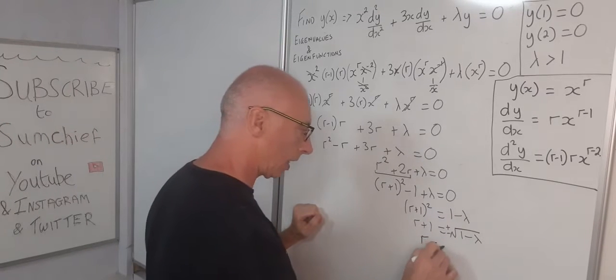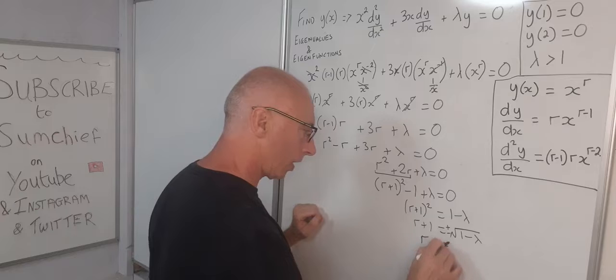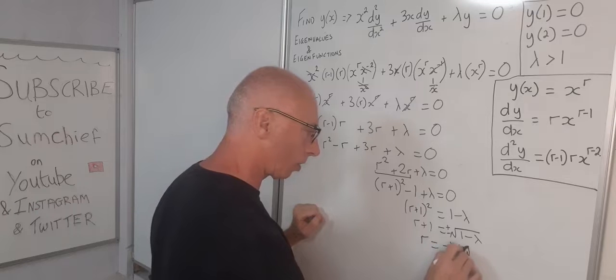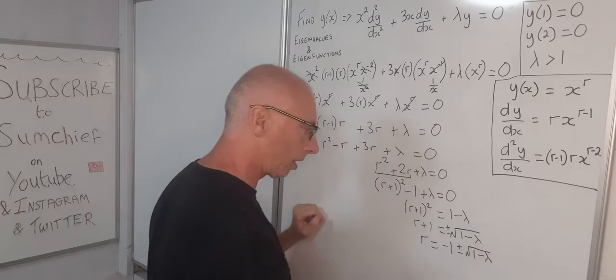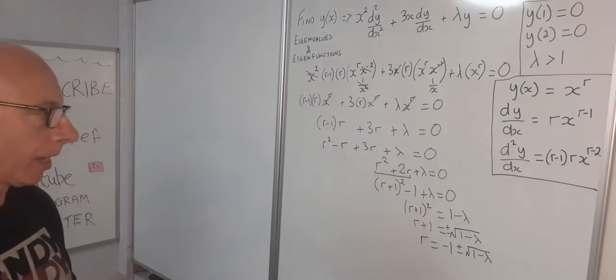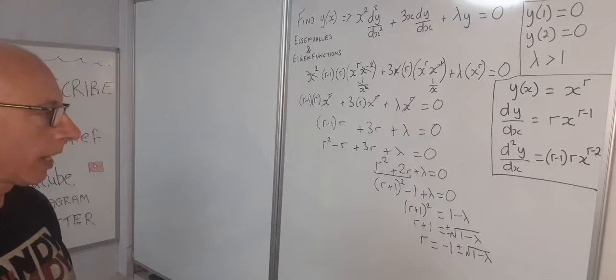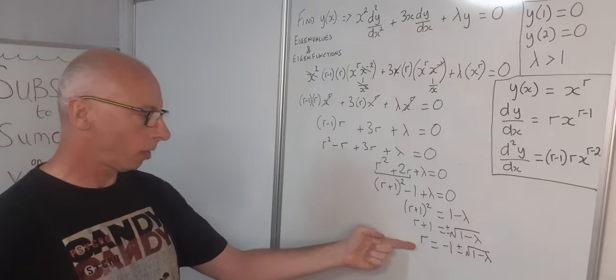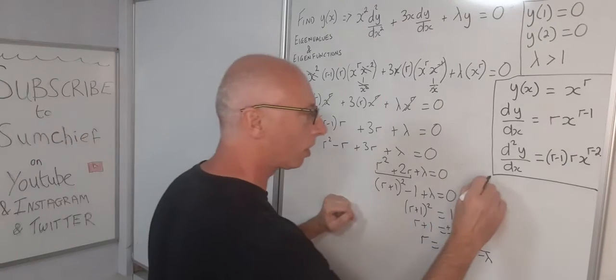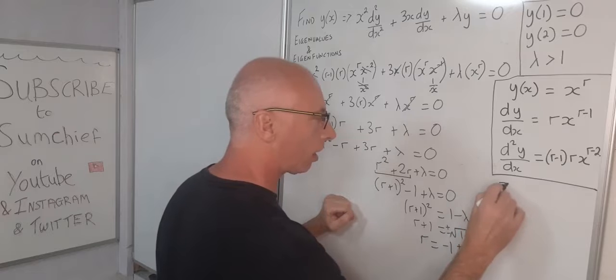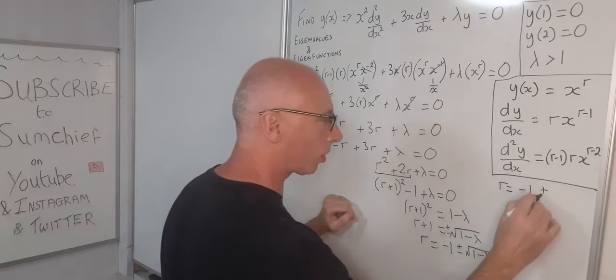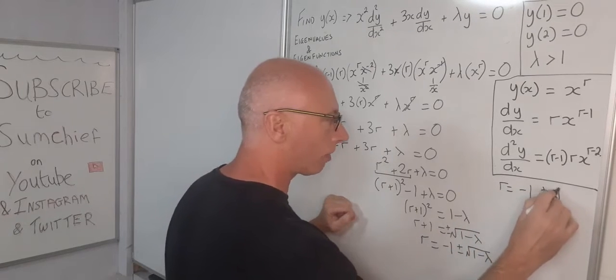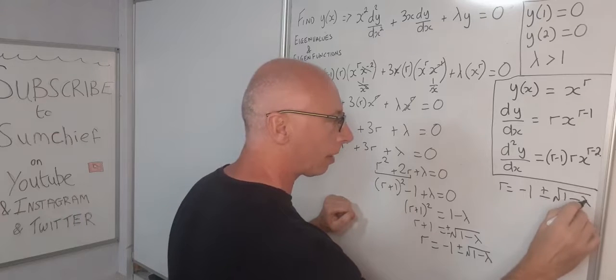So now our r equals minus 1 plus or minus the square root 1 minus lambda. Okay, so that's our x to the r. That's what we've got so far. So let's just write in here r equals minus 1 plus or minus the square root 1 minus lambda.